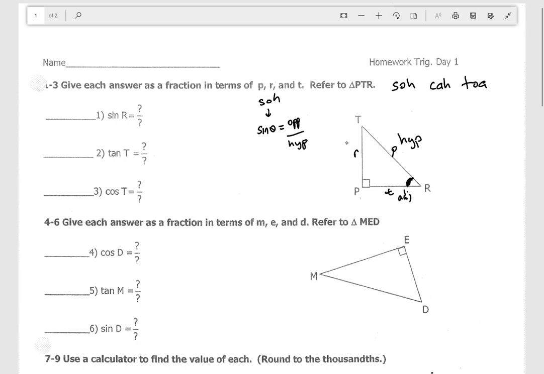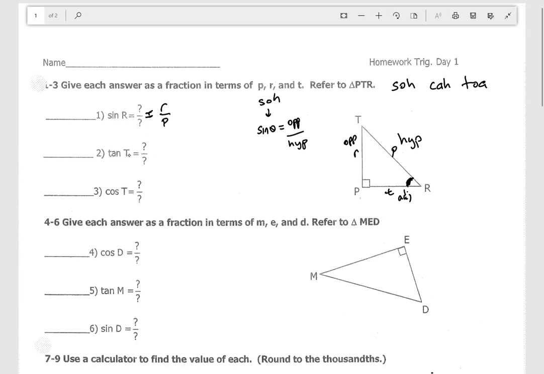That leaves just the opposite side, which is the side across from R. Because sine uses the opposite over the hypotenuse, the two sides I care about are R and P. So sine of R, whatever these values might be, would be R over P.